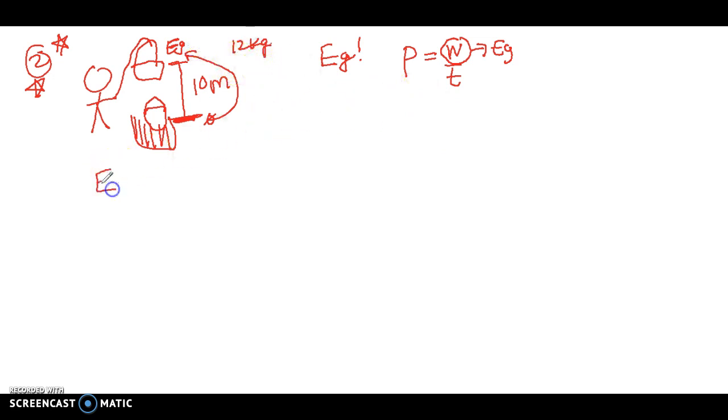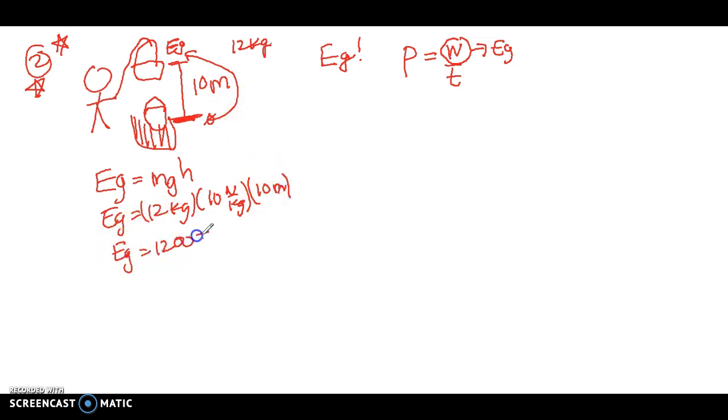The first thing let's do is find the EG of the bucket after it gets to the top. The mass is 12 kilograms, and you're always going to multiply that by 10 newtons per kilogram, because this is giving you the force. Then the height is 10 meters. So the EG that the bucket gains is 1200 joules.